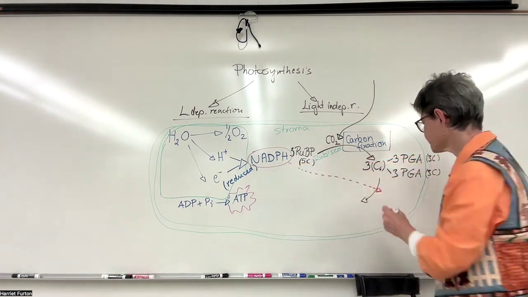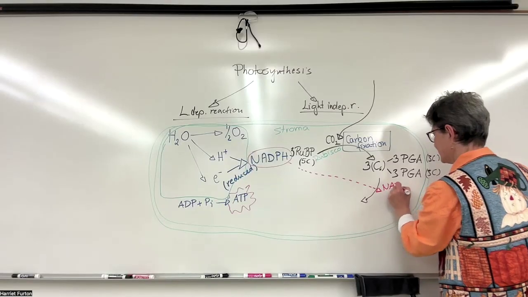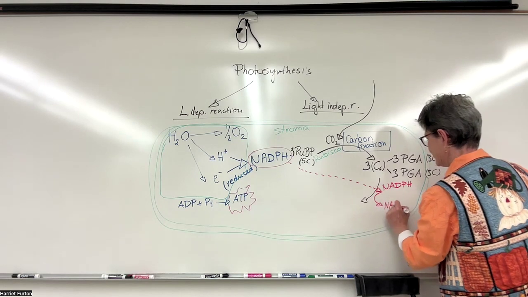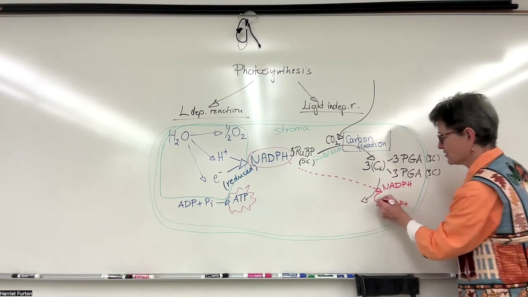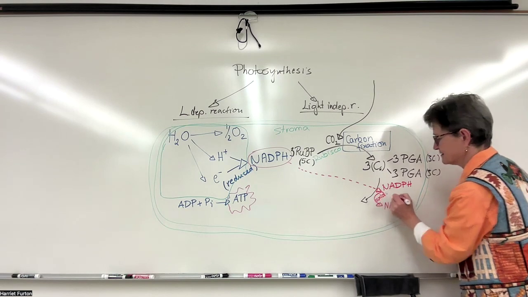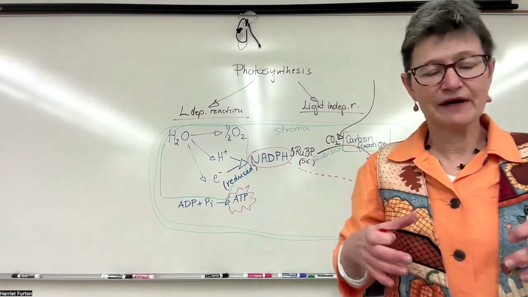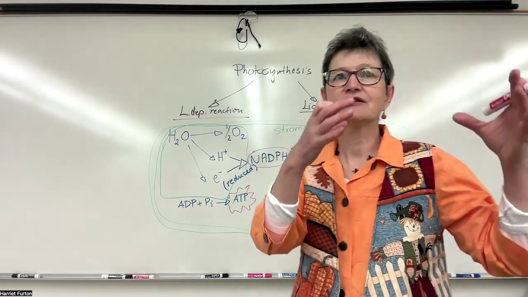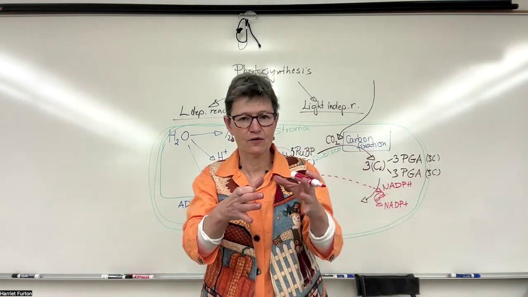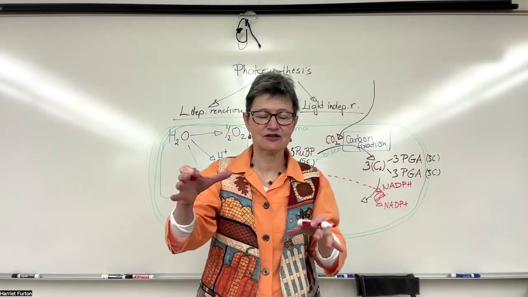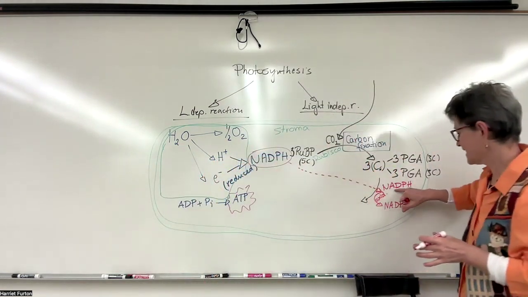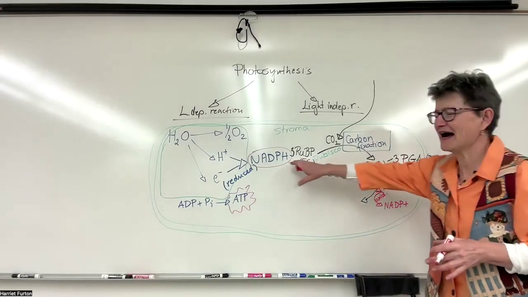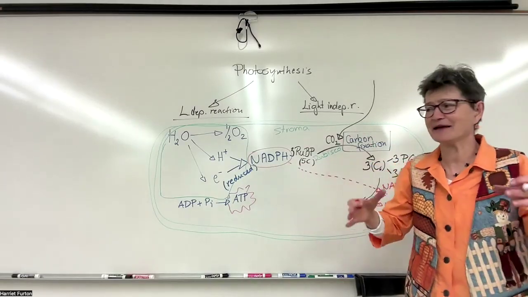So this NADPH is going to turn into NADP+, so it's going to get oxidized. In the cellular respiration, we will get again into the redox reactions that they cannot happen on their own. There's no oxidation without reduction and vice versa. So this NADPH is going to get oxidized to turn NADP+.